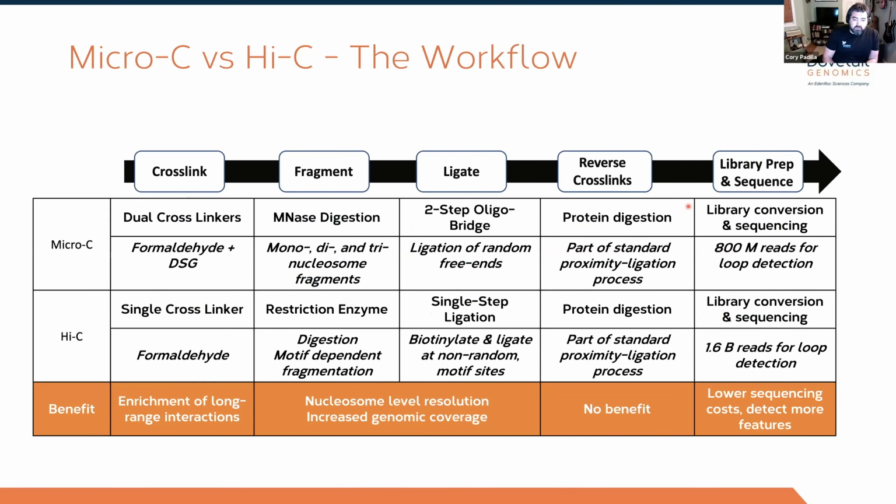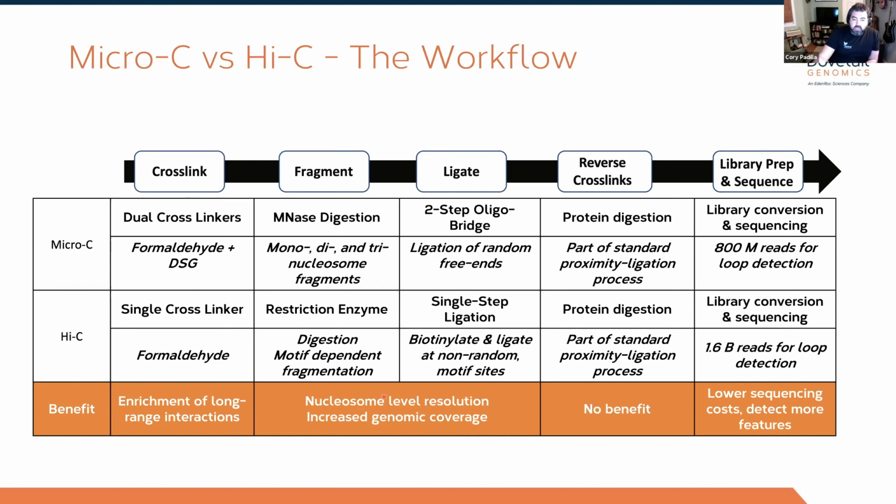So I kind of covered this in a bit more detail in the previous slide, but just to hammer this home, dual crosslinkers really help stabilize the chromatin, which enriches for long-range interactions. The imidase fragmentation to mono, di, and trinucleosomes, as opposed to a motif-dependent approach, gives us higher resolution, a nucleosome resolution, and improved genomic coverage.